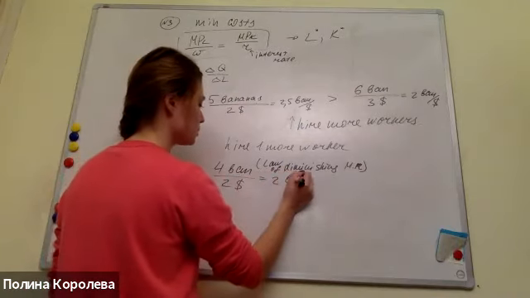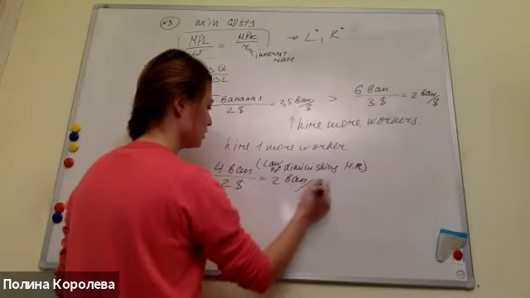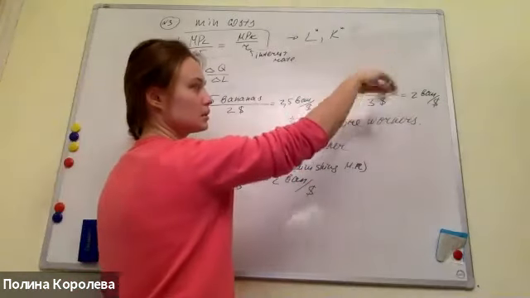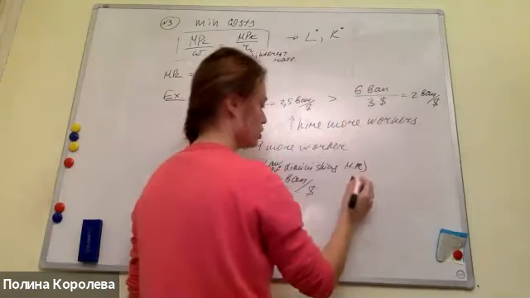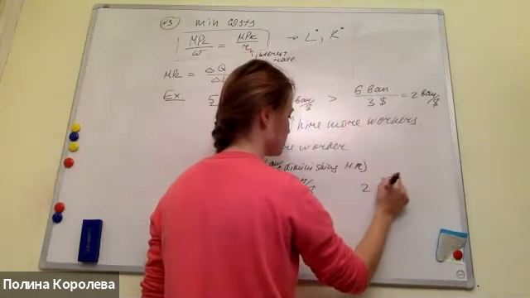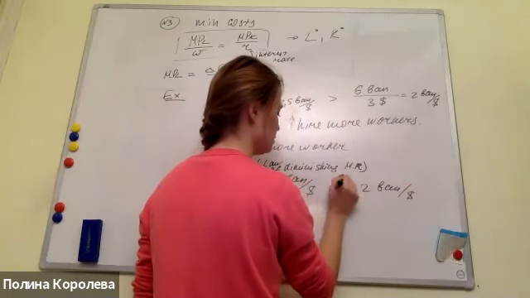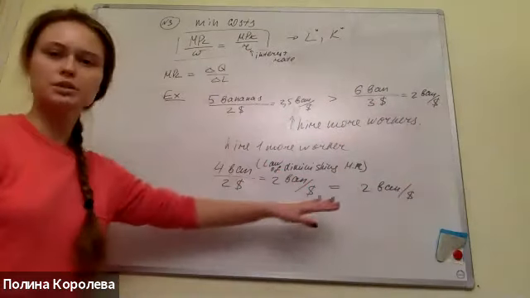It's 2 bananas per dollar. And we compare with capital, which we did not change, so it's the same 2 bananas per dollar. And now here is equality, and we stop here.